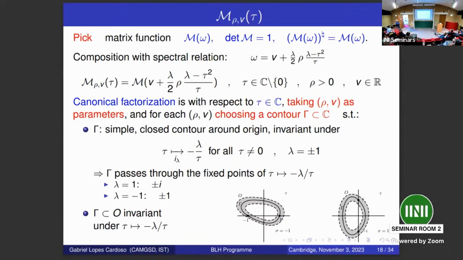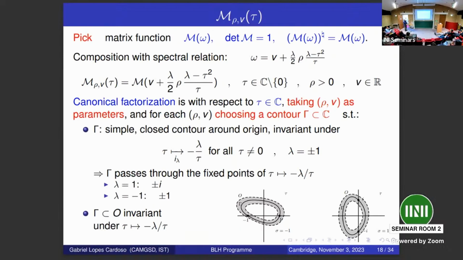You now view omega as a function of tau. So you substitute omega by this relation, and now you're dealing with a matrix M that depends on tau. And rho and V are simply spectators, they are parameters. That's what this notation is indicating here. So now you have a matrix defined on the complex tau plane, which you are going to canonically factorize with respect to a contour gamma.